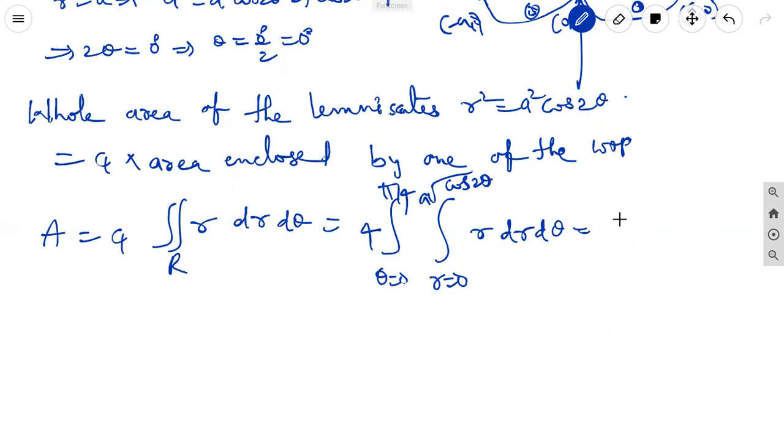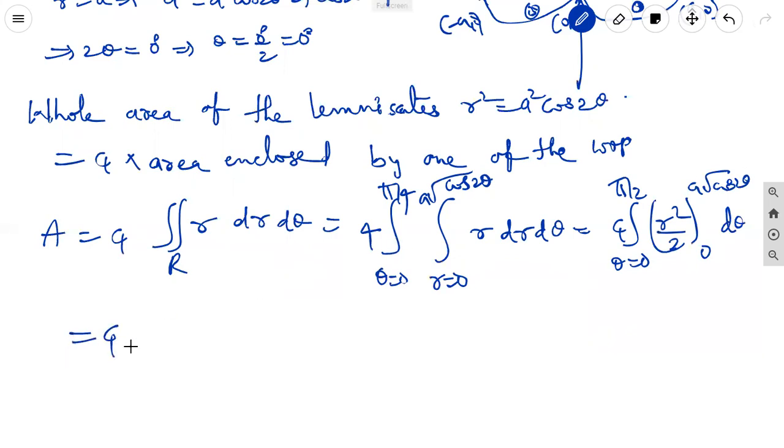It is equal to 4 integral theta 0 to pi by 4, r integration is r square by 2, limits from 0 to a under root of cos 2 theta, d theta.